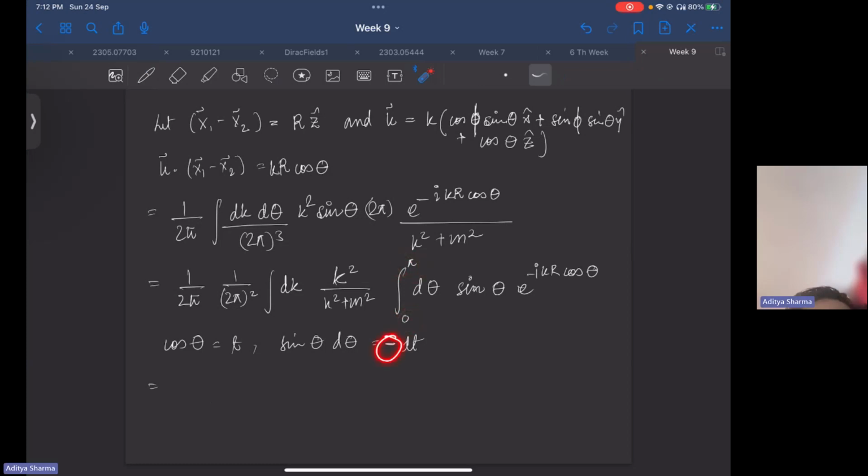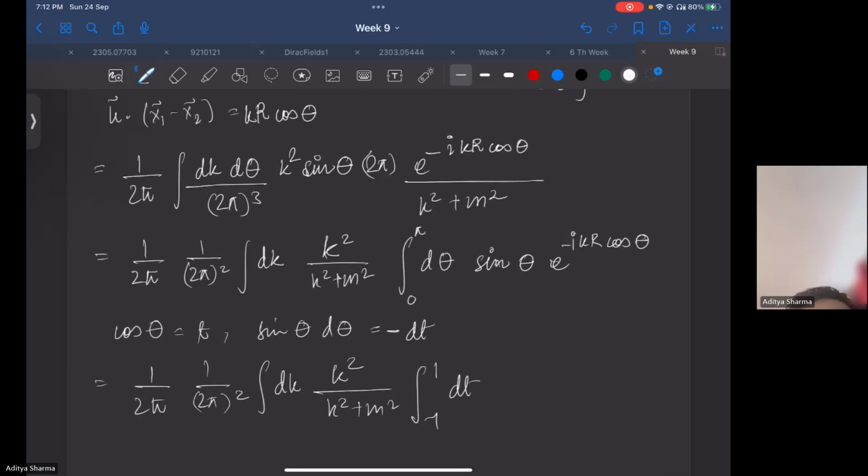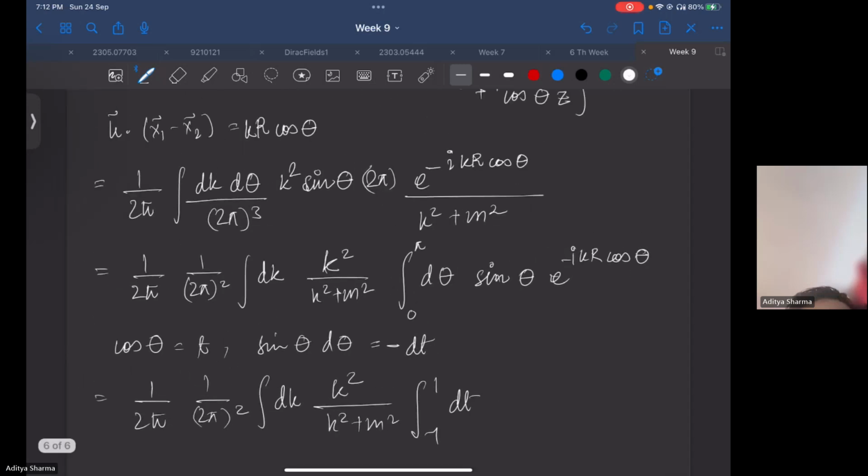But with this minus, we can invert the integral range and make it minus 1 to 1. So we will have h cap square, integral of dk over k square plus m square, integral from minus 1 to 1 dt, e to the power minus i k r t.